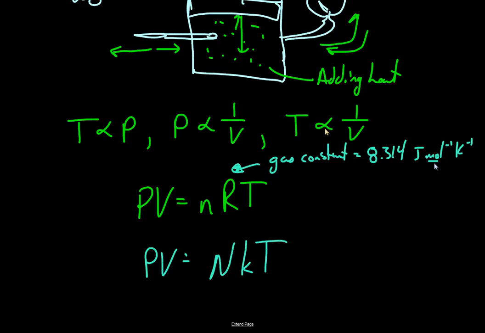So there's that mole we were talking about. This is your temperature in Kelvin. This is your number of moles. There's pressure in kPa, and here's volume in either liters or cubic decimeters, as the case may be.